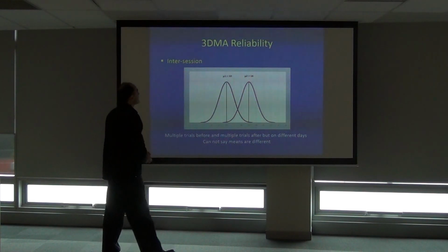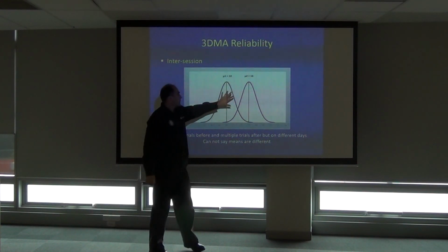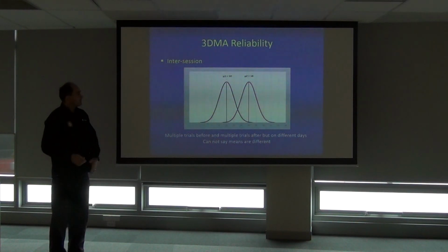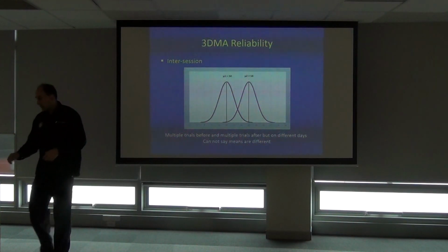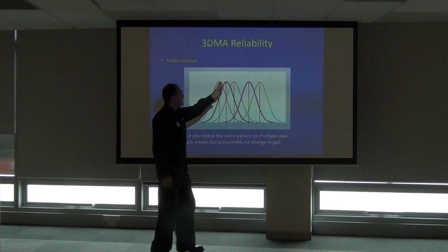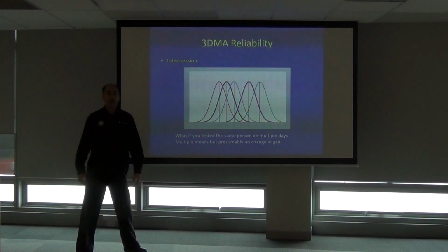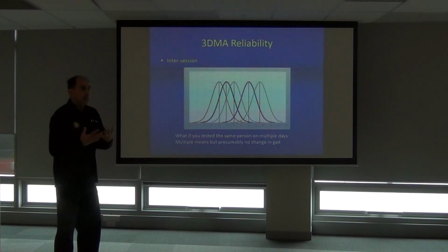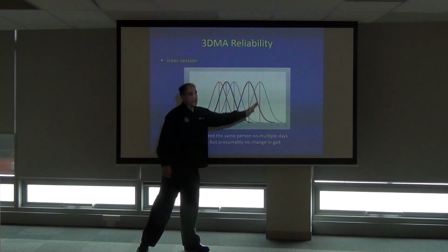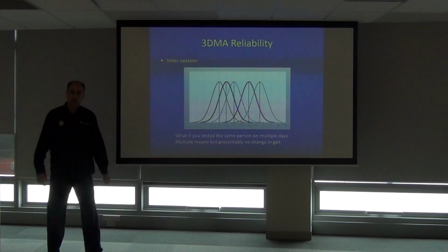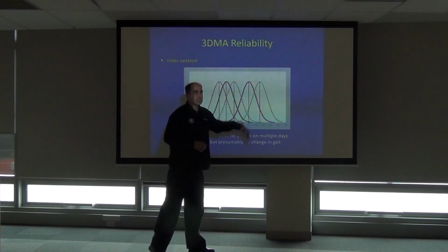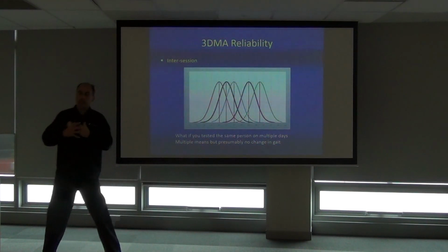Because if that was one day, that was another day, and it was the same person and nothing had happened, and then they came back on a 3rd day, and a 4th, and a 5th, and you tested them, you'd suddenly see that, if this was the same person on consecutive days, this is the variation that we're getting, and all things being equal, that person hasn't changed.